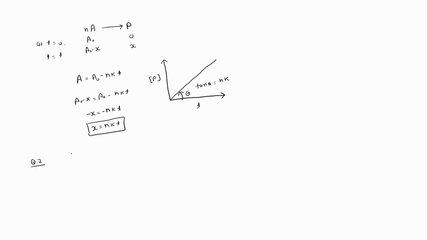Question 2. Let us consider we have the reaction 5/2 A gives product, and the rate constant is k. Initial concentration of A is A naught.